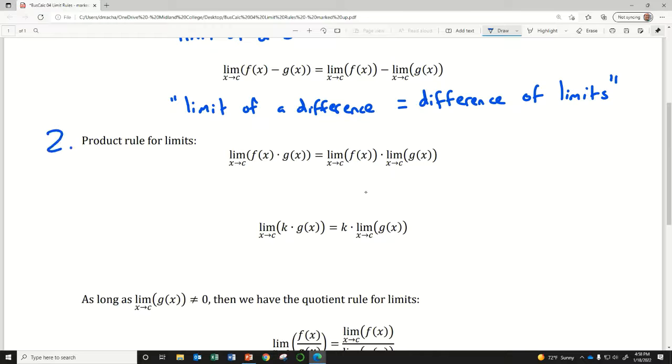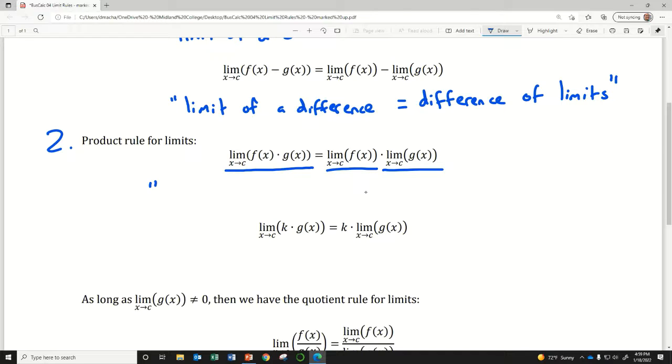There's also a product rule for limits, and it goes kind of how you would hope it would. It's pretty easy to remember. Whenever you take the limit of a product of two functions, this is the same thing as a product of the same limit of each of those functions taken individually.